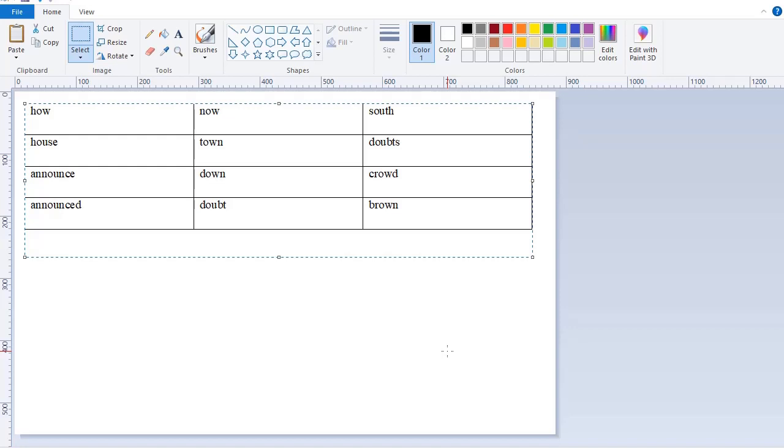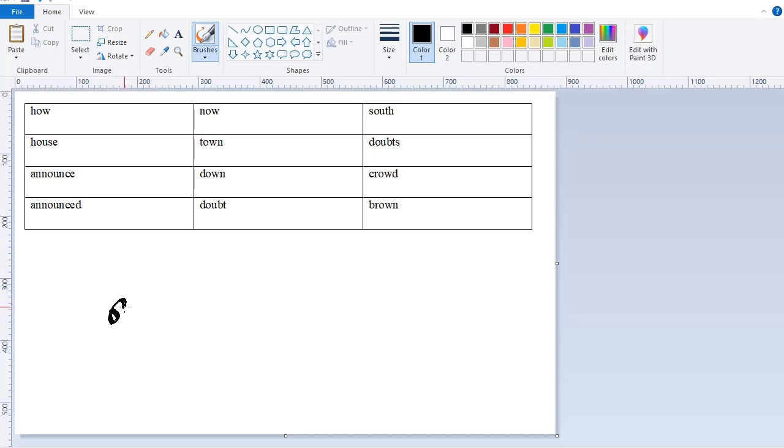Okay? So, in this part of our lesson, we are going to transcribe yung mga words na merong ow sound. Like how, house, announce, announced, now, town, down, doubt, south, doubts, crowd, brown. So, narinig naman ninyo siguro no, na aw, aw, aw lahat yon. So, yung aw na sound na yon ang i-transcribe natin. And that aw sound is represented by your A and your U.